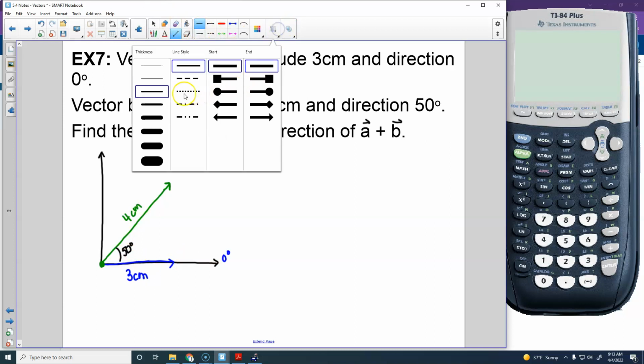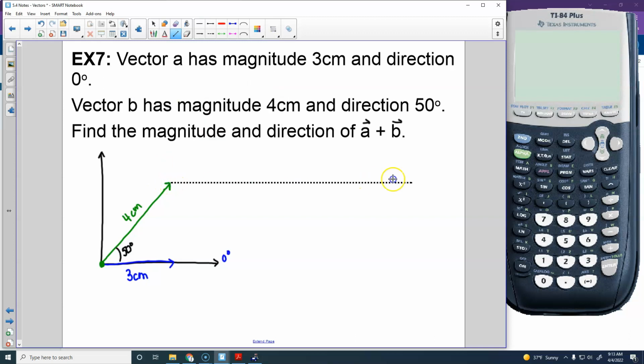So I'm going to use a dotted line and extend it out parallel to the x-axis. I'm going to extend this other dotted line parallel to the green vector. It may not be perfect, but this forms a parallelogram.